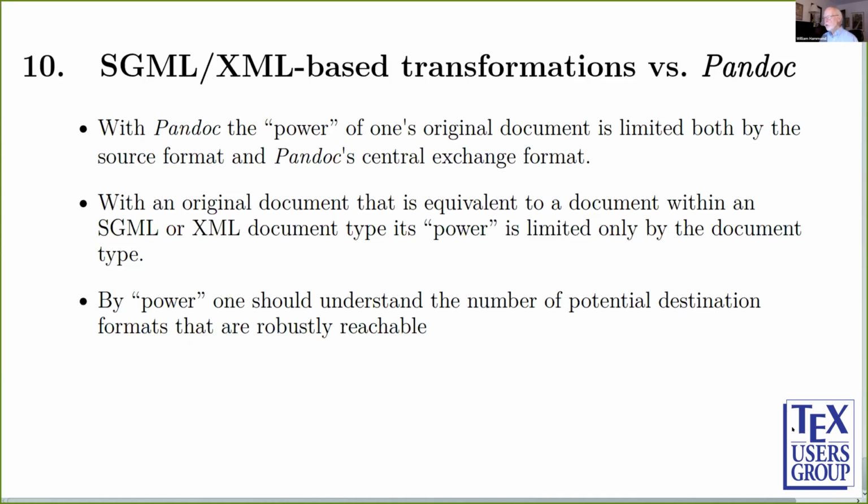Whereas if one is using source that is SGML or XML and is then going to use SGML or XML transformations, the power of that source is limited only by the document type. And by power, in this context, one should understand the number of potential destination formats that are robustly reachable.